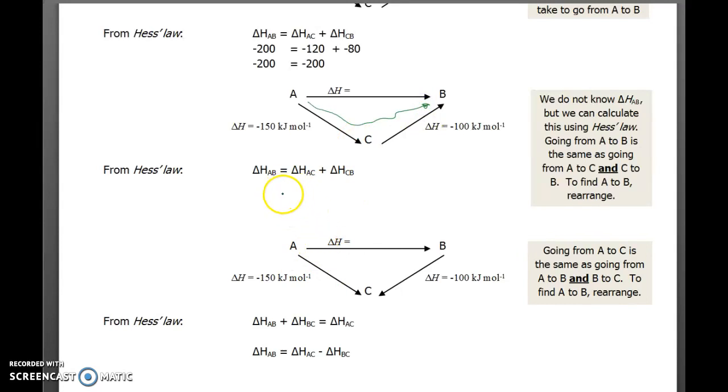So the enthalpy change for the reaction A to B is equal to minus 150 plus minus 100 kilojoules per mole, and that will equal minus 250 kilojoules per mole.